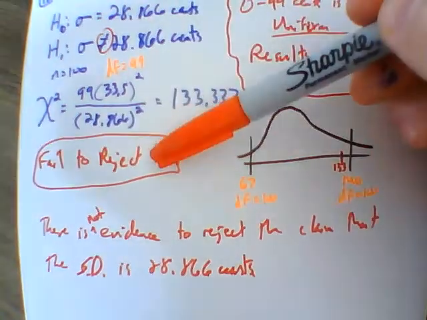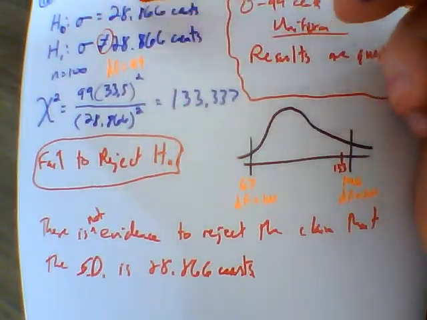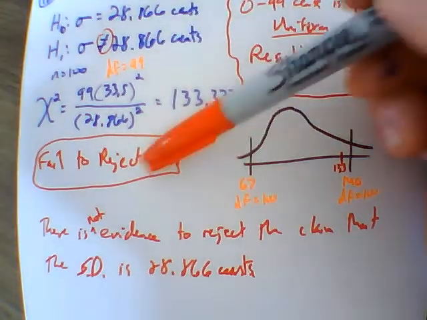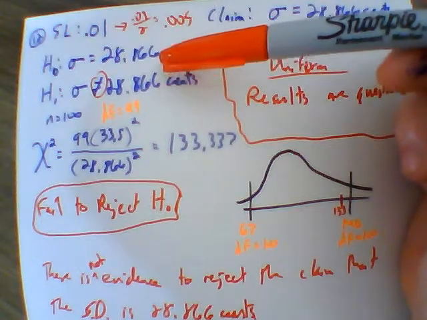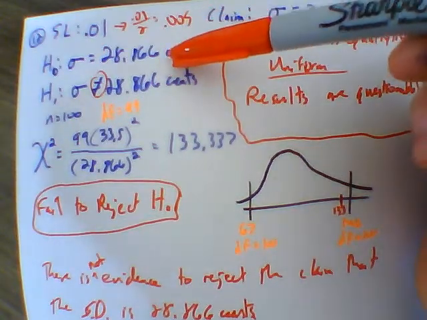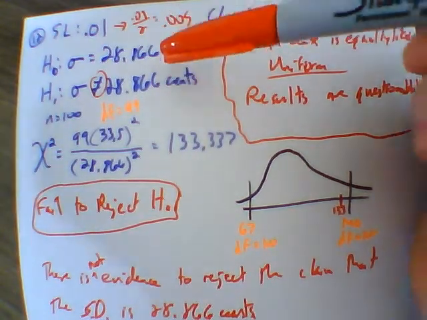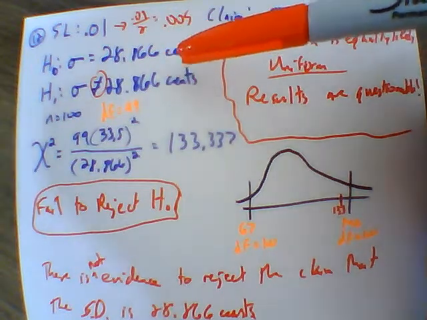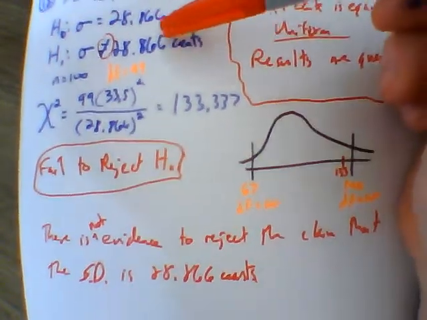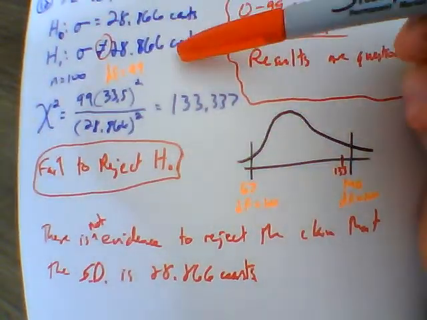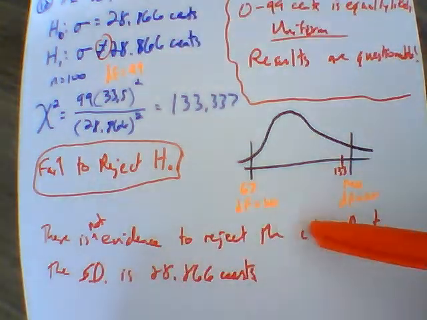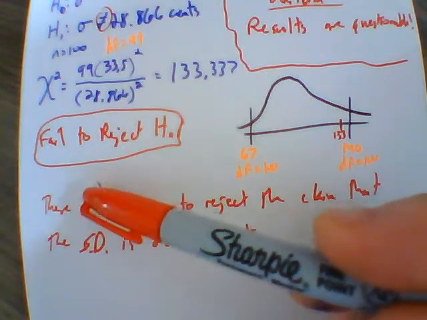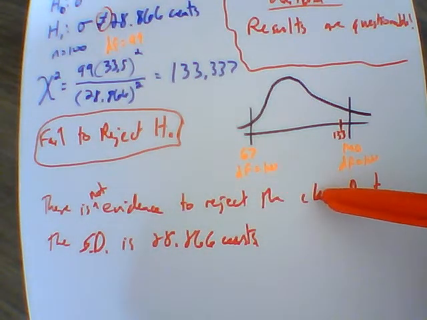When we fail to reject it, we're not siding with it. Because our claim is our null hypothesis, we can't say we're supporting it, because the null hypothesis was an assumption to be true. That's why we will never support it. We can support not it, which would be the alternative. So we either do not have evidence to reject the claim or have evidence to reject the claim.